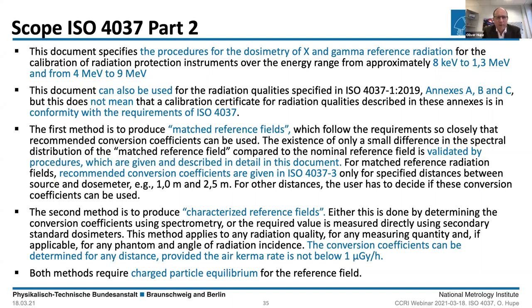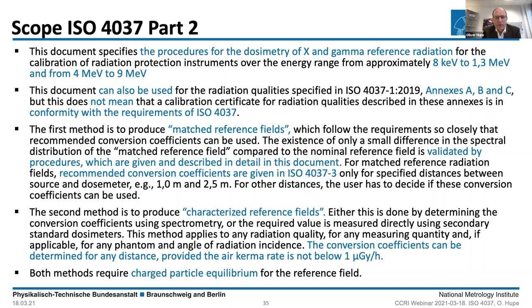The second method is to produce characterized reference fields. This is done either by determining the conversion coefficients using spectrometry, or the required quantity is measured directly using secondary standard dosimetry. This method applies to any radiation quality, for any measuring quantity and, if applicable, for any phantom and angle of radiation incidence.